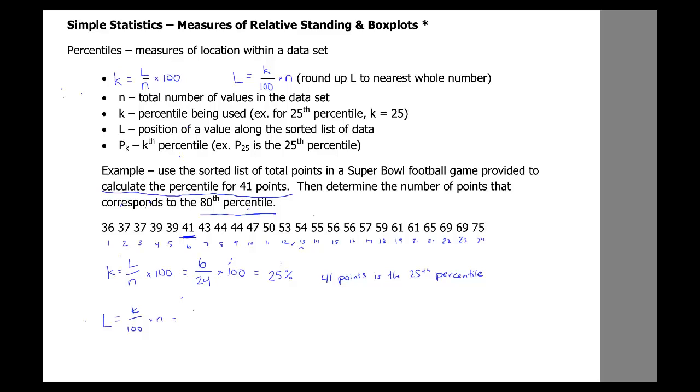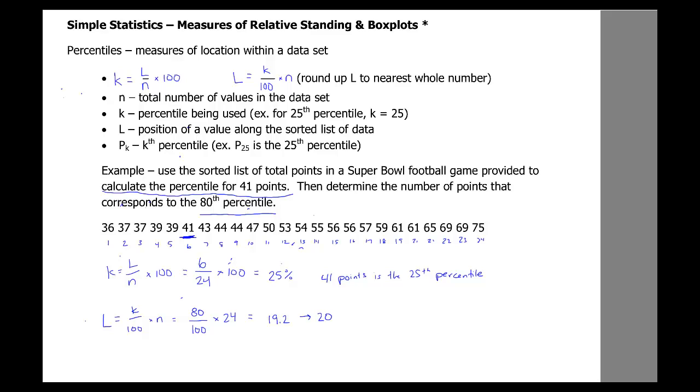And they give us, it's the 80th percentile, so k is going to be 80 divided by 100. We know that n is 24, the total number of values in our data set. So 0.8 times 24 gives us 19.2, and the rule for L is that we always round up.